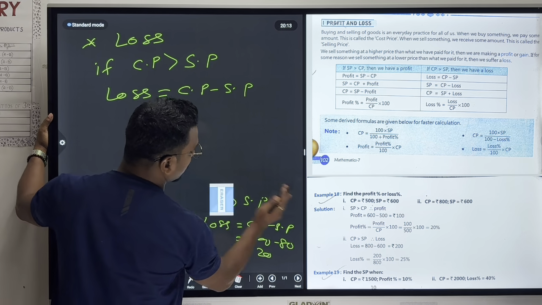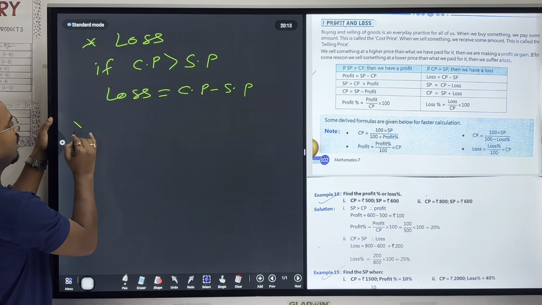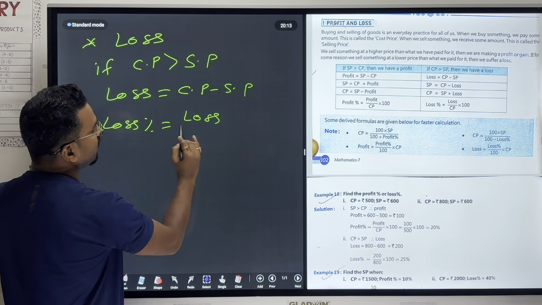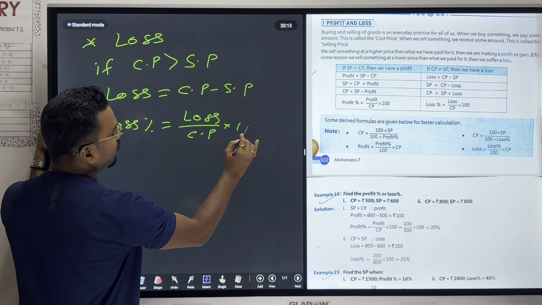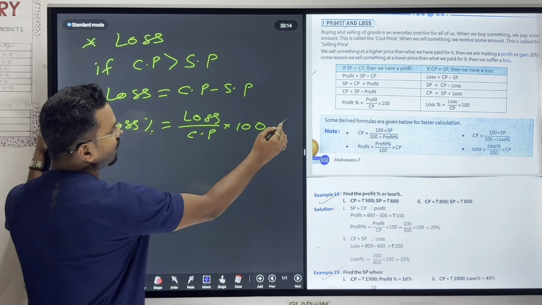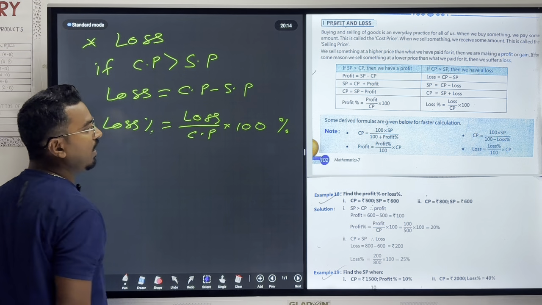Now to find the loss percent, we have a formula: loss percent is equal to loss by cost price, and we will always compare it with the cost price. Since it is percentage, you have to multiply by 100.